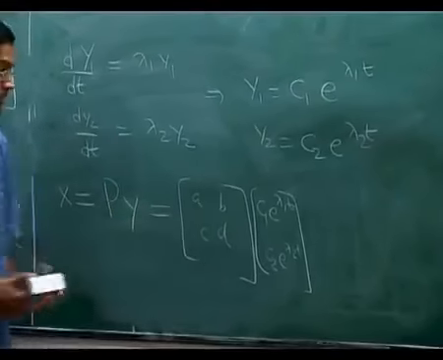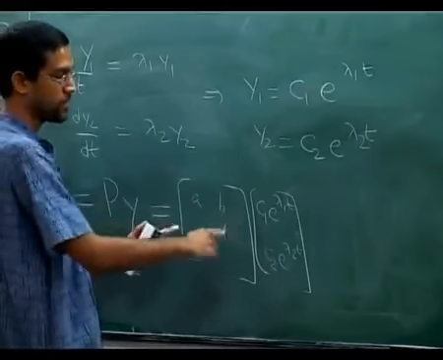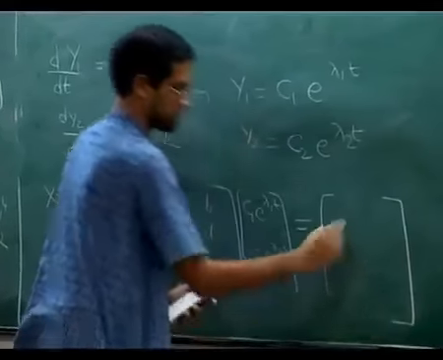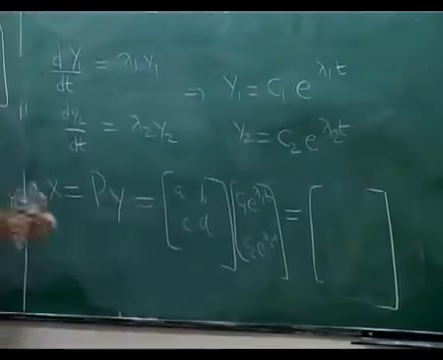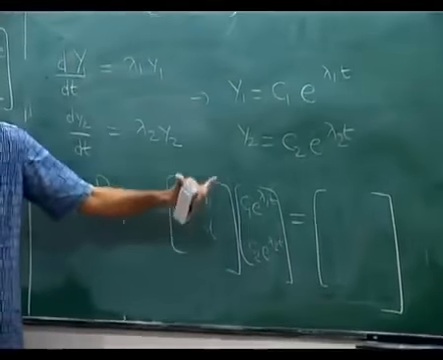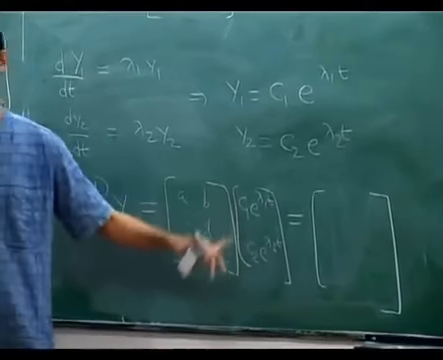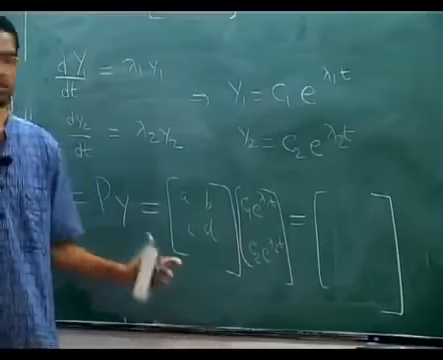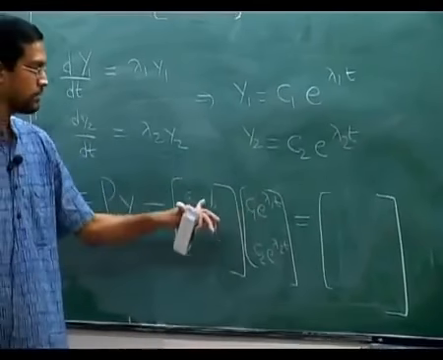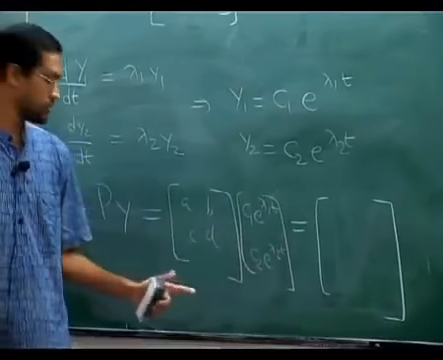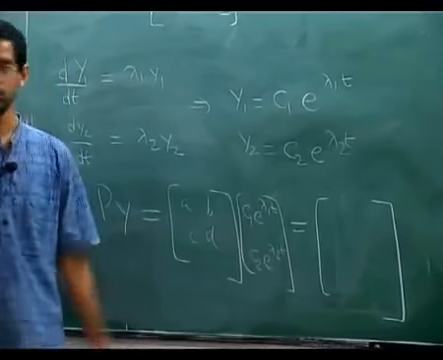Because now I will expand this out. What will I get when I multiply this matrix by that? What will the first entry look like? It's some combination of these two functions, e to the lambda 1 t and e to the lambda 2 t, because it's a c1 e to the lambda 1 t plus b c2 e to the lambda 2 t. The bottom is some other combination, c c1 plus d c2, right?